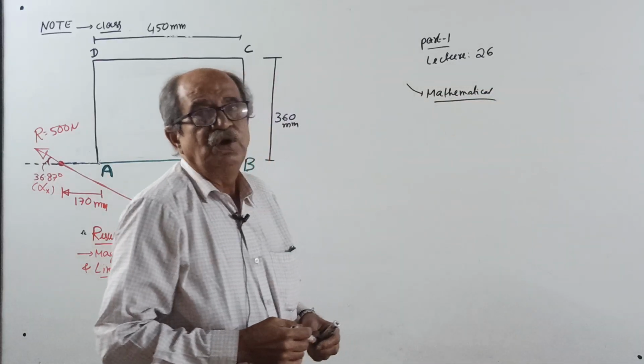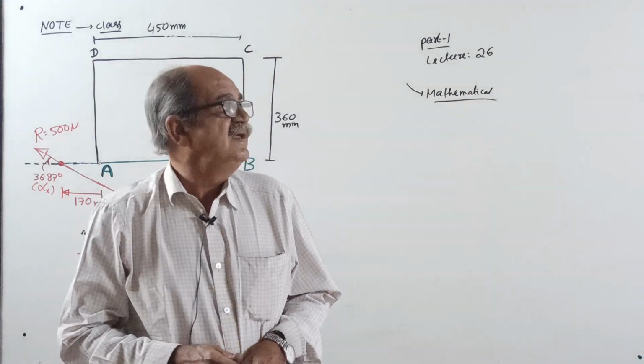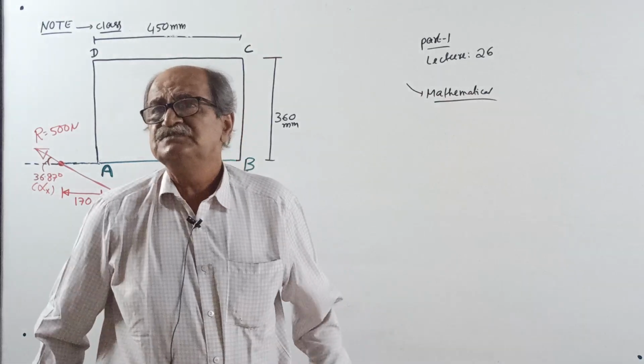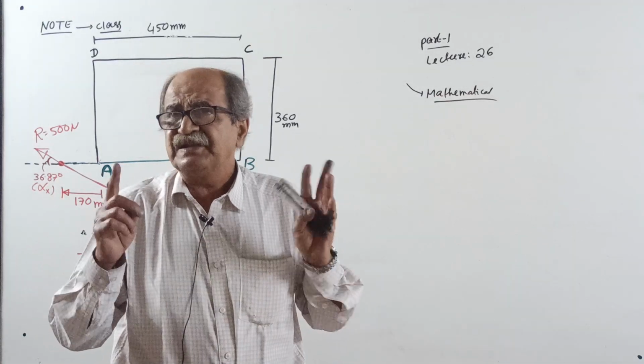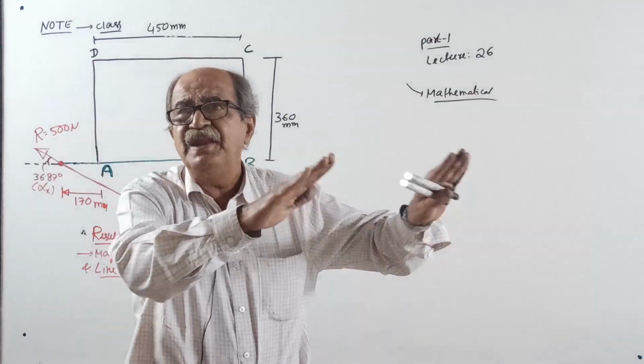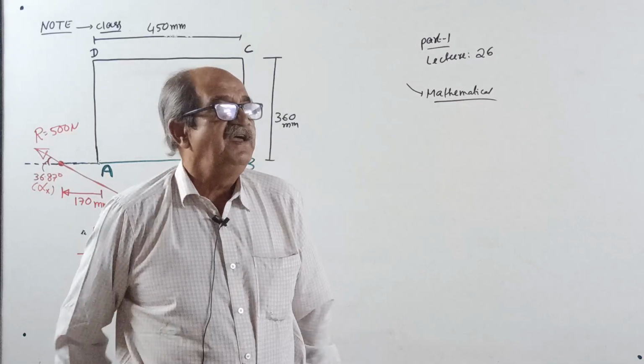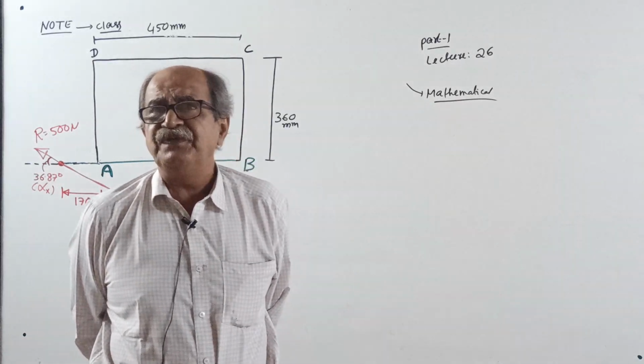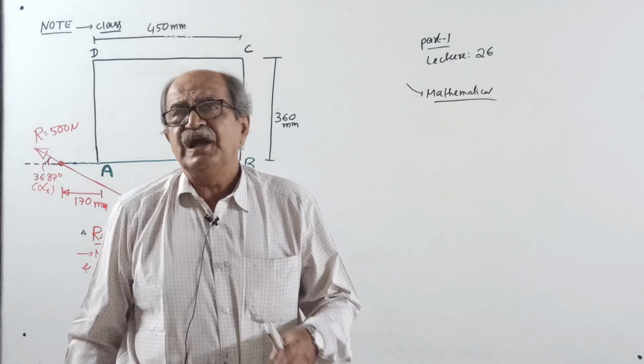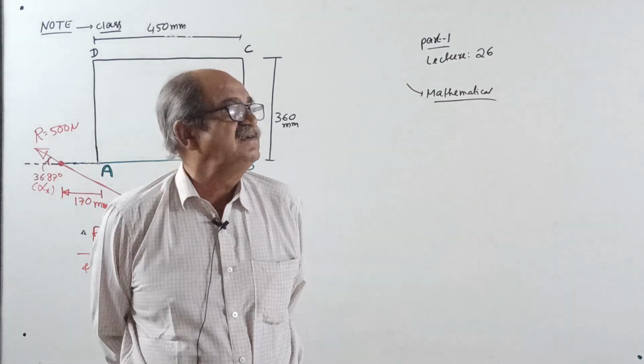You will realize at the end of the class, or after one more class, how mathematics and structural engineering go simultaneously. They are linked together. If you have a good mathematical basis and concept, you can come up with anything in structural engineering.